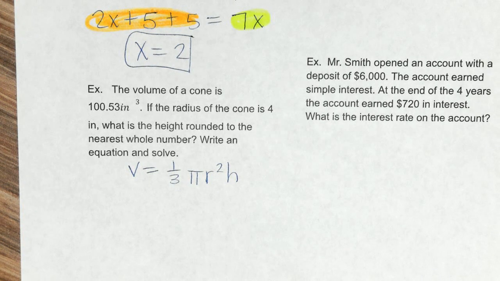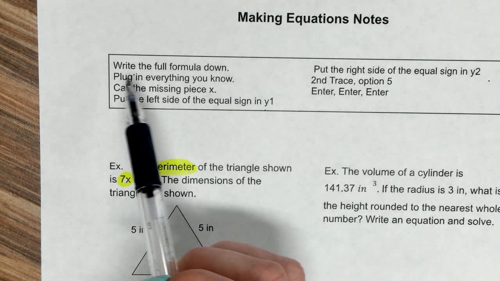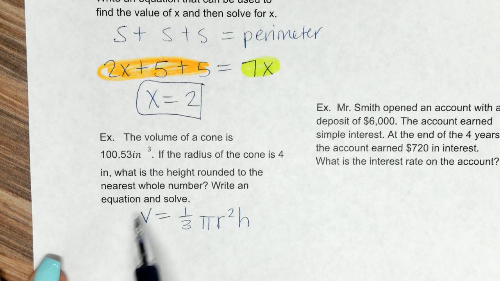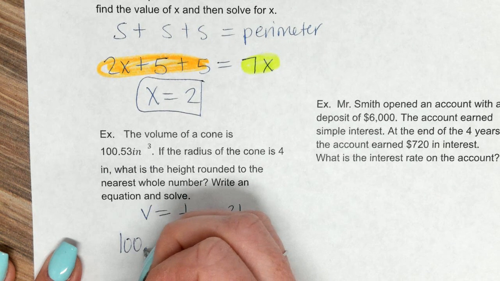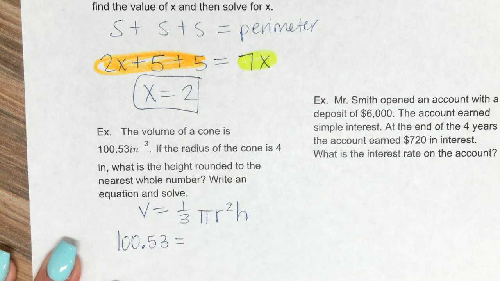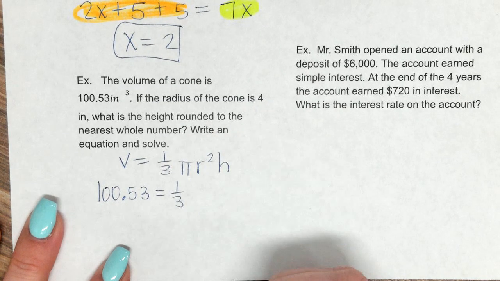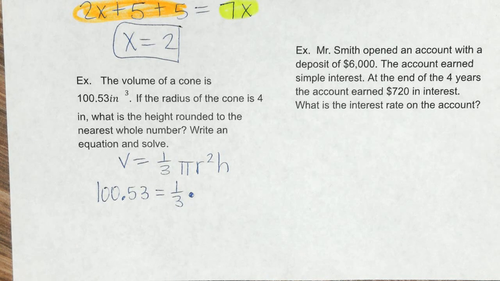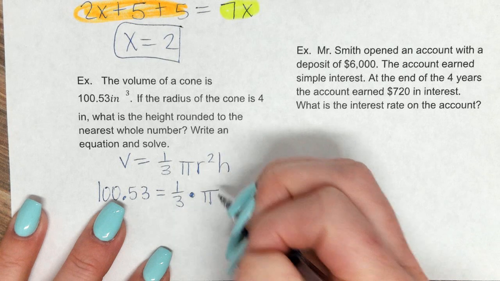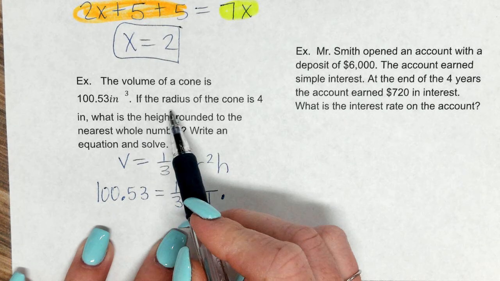We are now going to fill in, and guys, if you need to look, write the full formula down. We did that. Plug in everything you know. Did they give me the volume, the V? Yes, so I write 100.53 equals 1/3 times pi, or if you want to put 3.14, you could, times, do we know the radius?